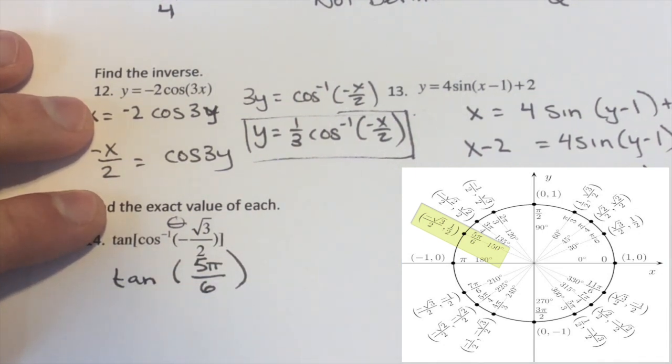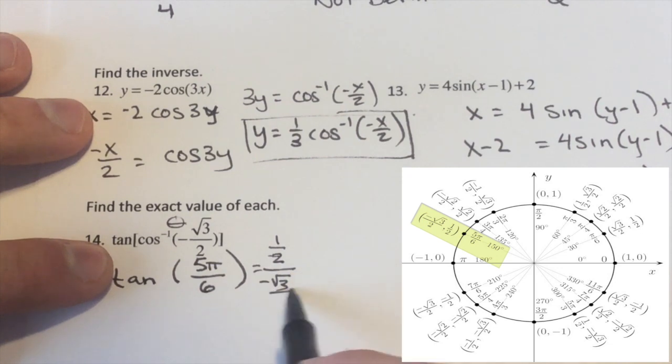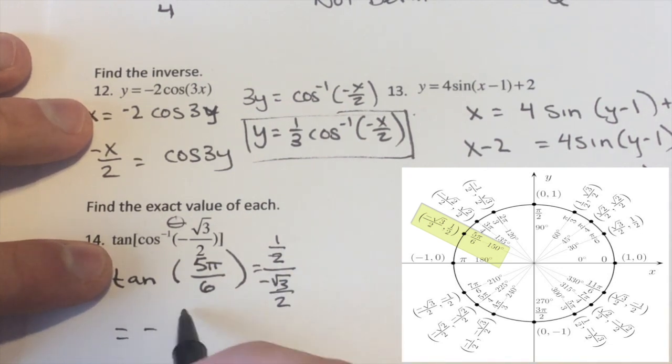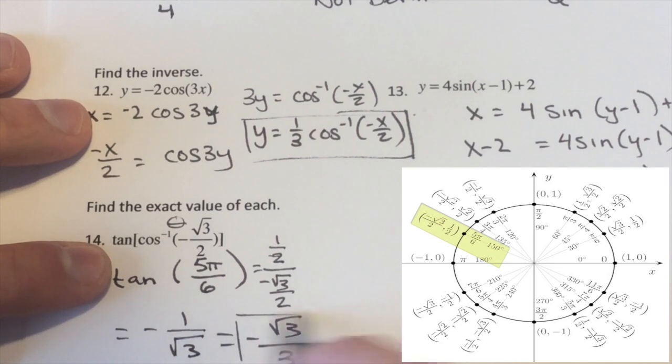So we're going to look at our unit circle, and we're going to see that the y value is 1/2. The x value is negative root 3 over 2. Now if we simplify this, we get negative 1 over root 3, which is negative root 3 over 3.